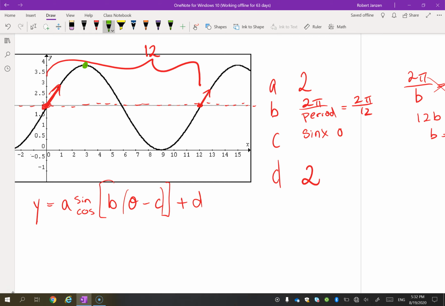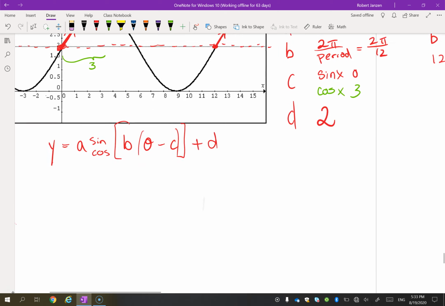Normally, we start at the peak where x is 0. So how far has this peak moved from the y-axis? It's 3 units. So the cosine graph phase shift is 3. By the way, you should notice that the sine graph is very symmetrical. This is 3 units, 3 units, 3 units, 3 units.